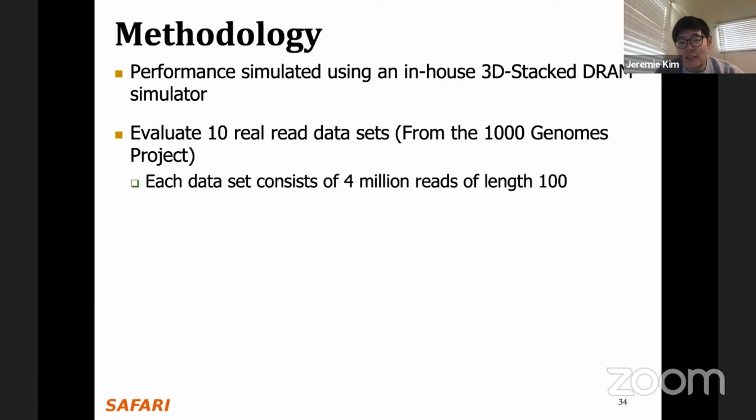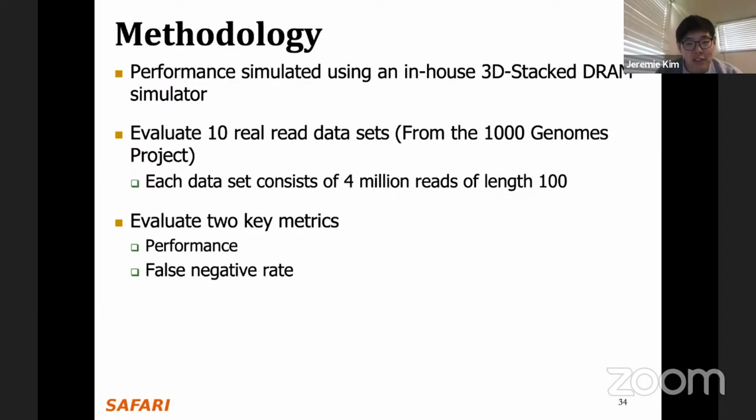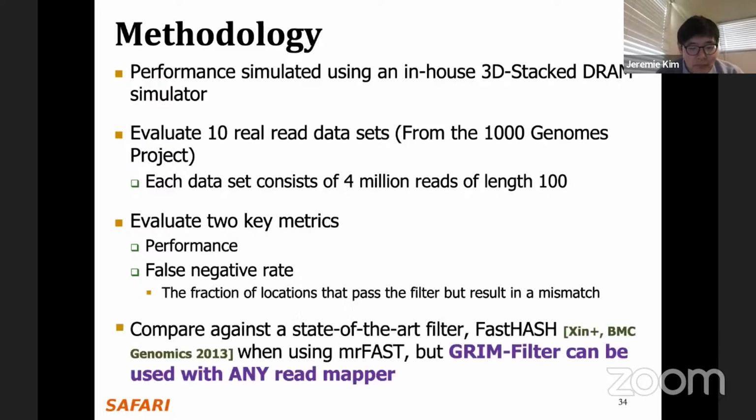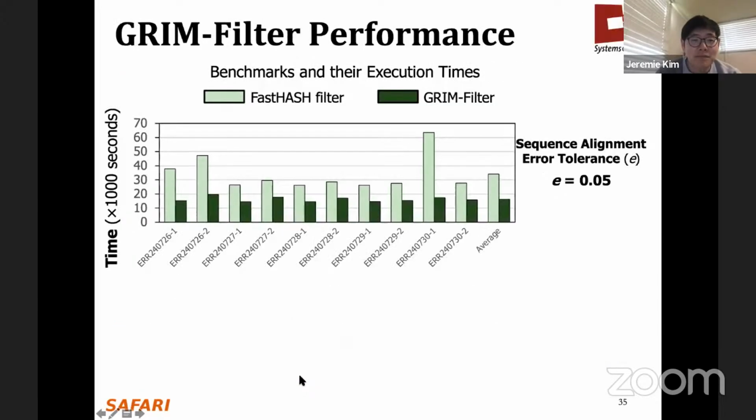Each data set consists of 4 million reads of length 100, and we evaluate two key metrics, which is performance and the false negative rate, which, if you remember, is the ones that pass the filter but do not pass the alignment. And we compare this against the state-of-the-art filter FastHash, which was the state-of-the-art at the time, when using mrFAST, but GRIM-Filter can be used with any read mapper.